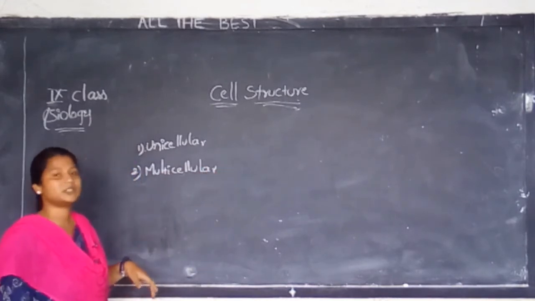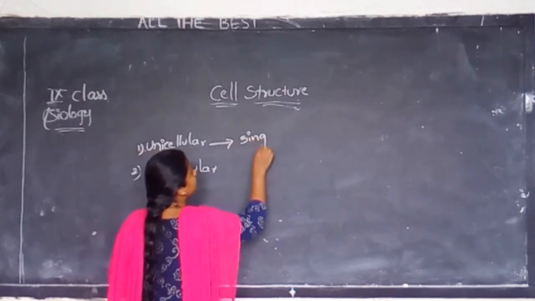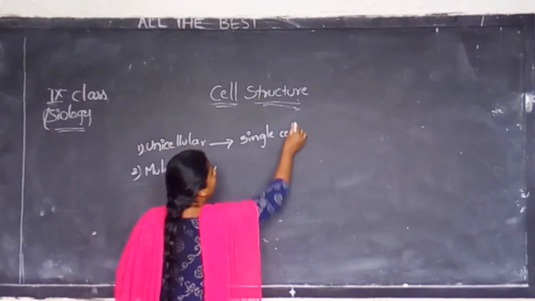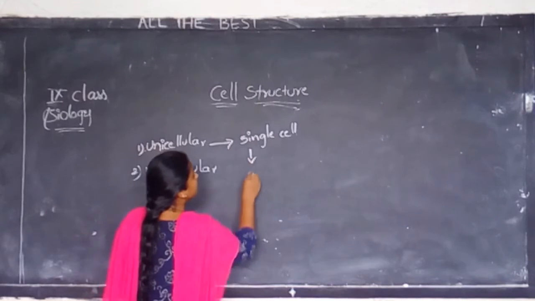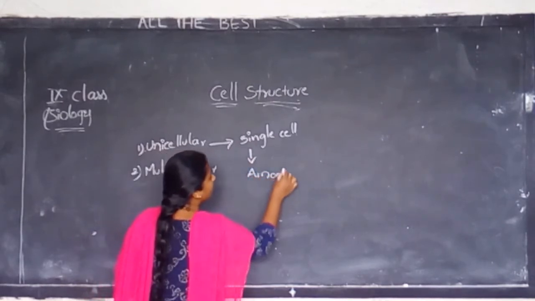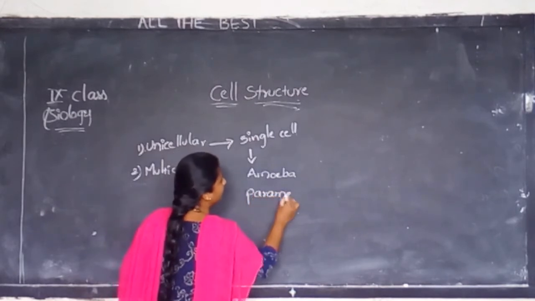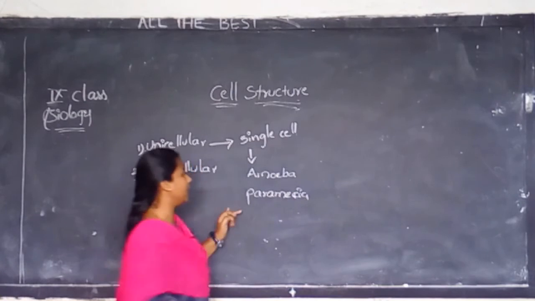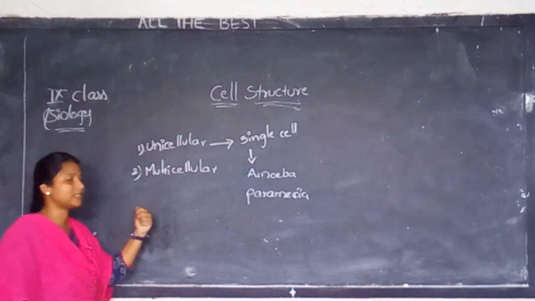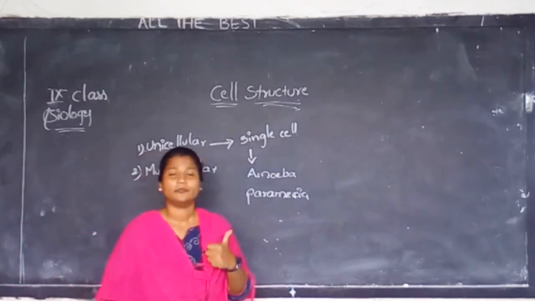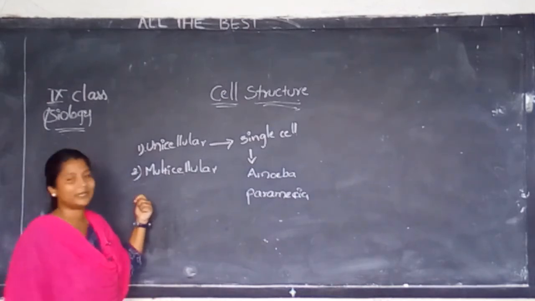Organisms that have a single cell structure are called unicellular. Examples are amoeba and paramecium. The next one is multicellular. What is multicellular? An organism which consists of a number of cells is called multicellular.